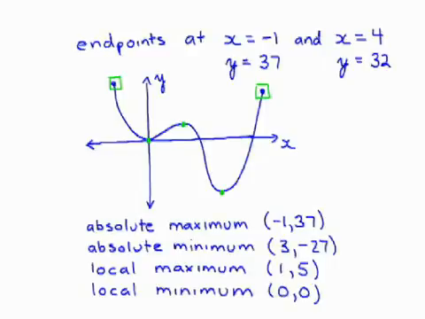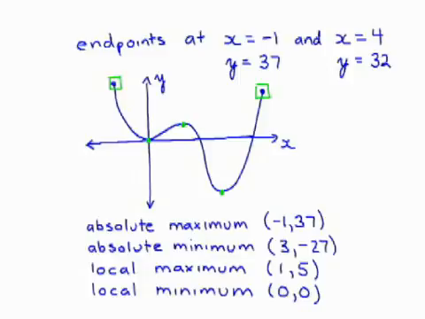Now, some people would argue that there is also a local maximum at (4, 32). That's according to the textbook that you're presently using. And you'll see in the various answers that I supply for the homework sheets that I'll often say that this is considered to be a local maximum based on Finney et al., making reference directly to the textbook.